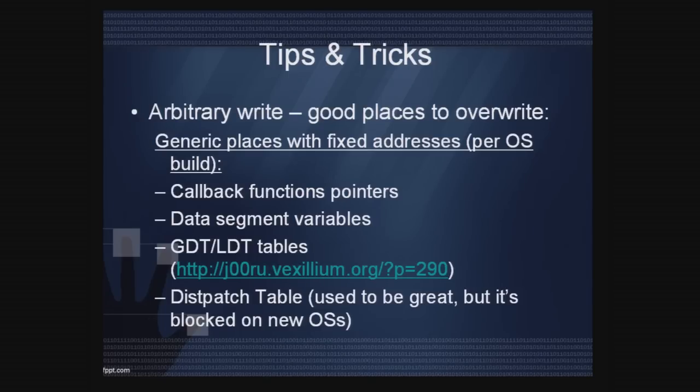The dispatch table was the most popular method until recently, until Vista, when they blocked it. The dispatch table, for those of you who don't know, is the table that the native API uses to go from user to the kernel. So when you call whatever NtCreateFile, it translates to a function code, and then using sysenter, it goes into the kernel.